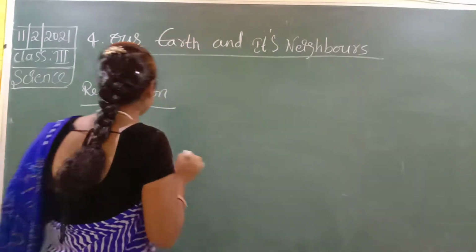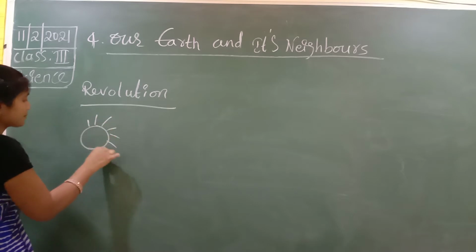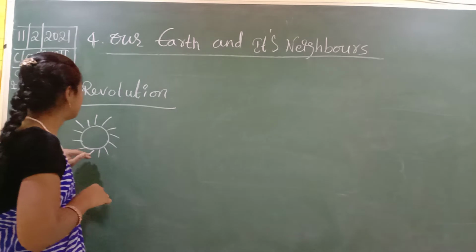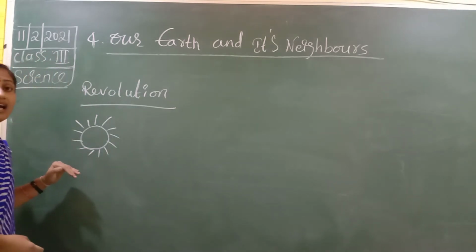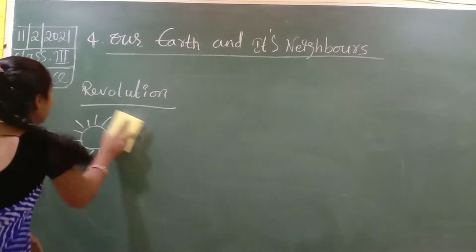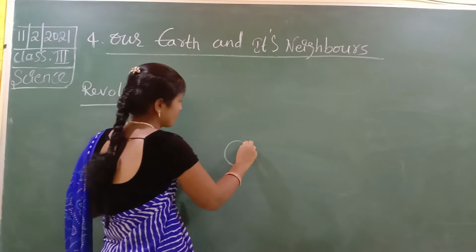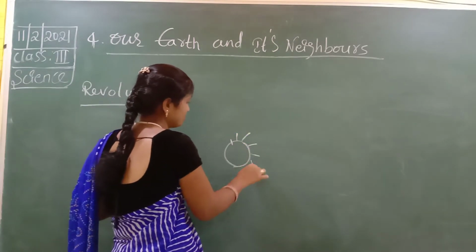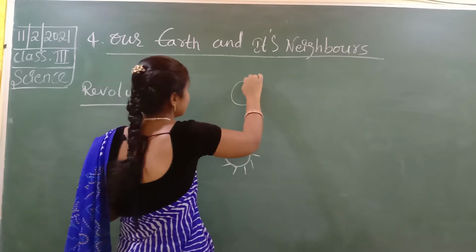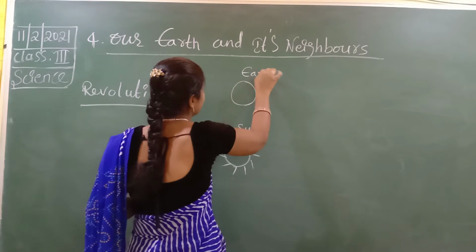For example, here it is the Sun. Here, revolution means, first of all, this is the Sun, this is the Earth.